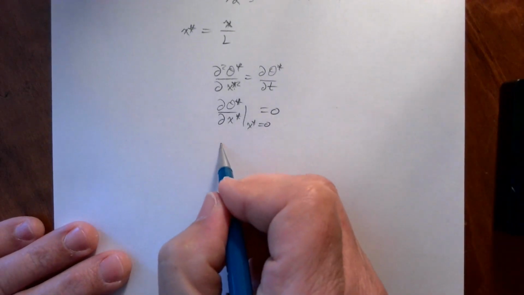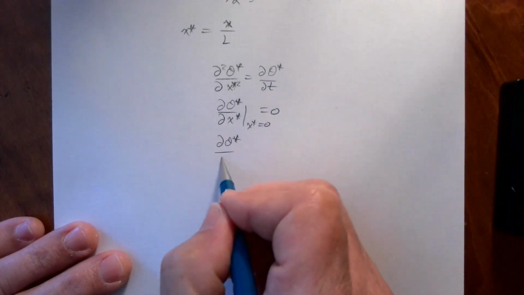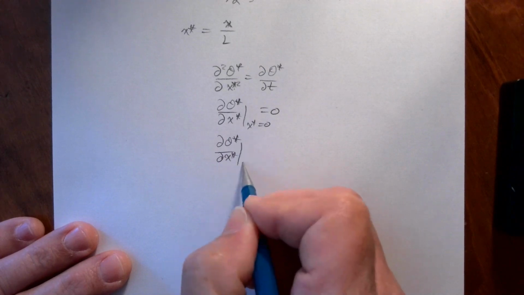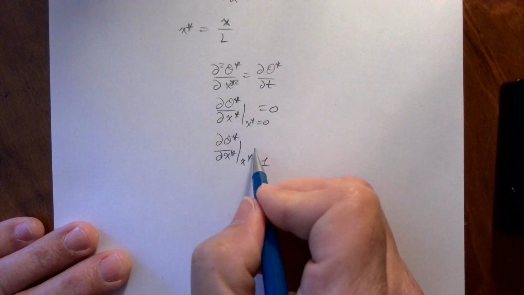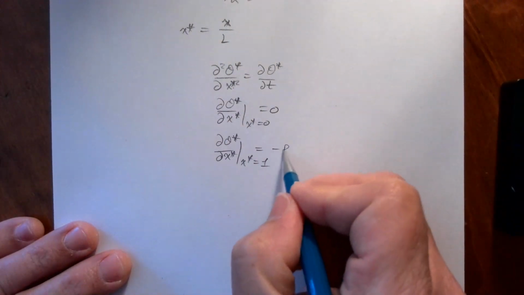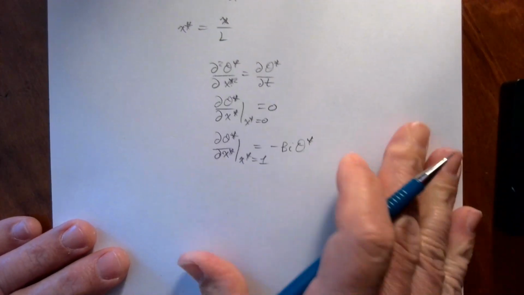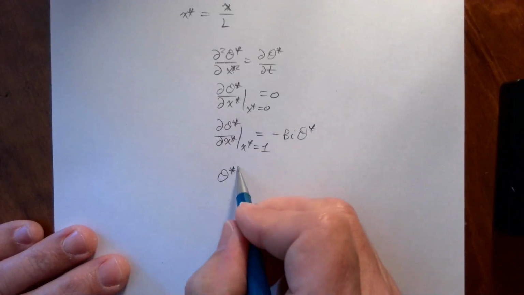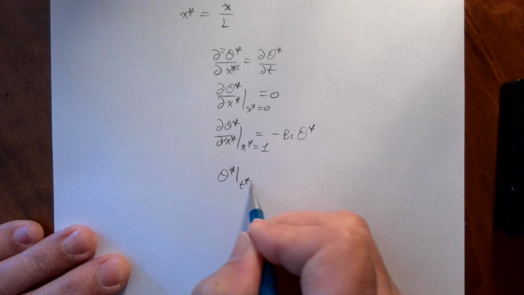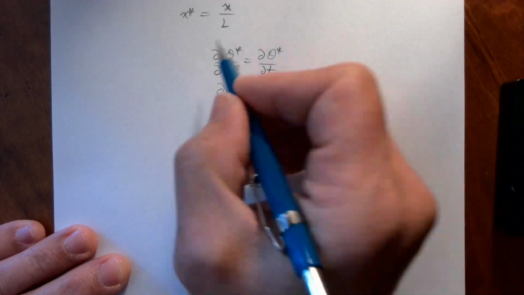On the other boundary, partial of theta star with respect to x star, so this time we're at x star equal to 1, so on the right side of the boundary, this is equal to minus the Biot number times theta star, and then our initial condition, theta star at time t star equal to 0 is equal to 1.